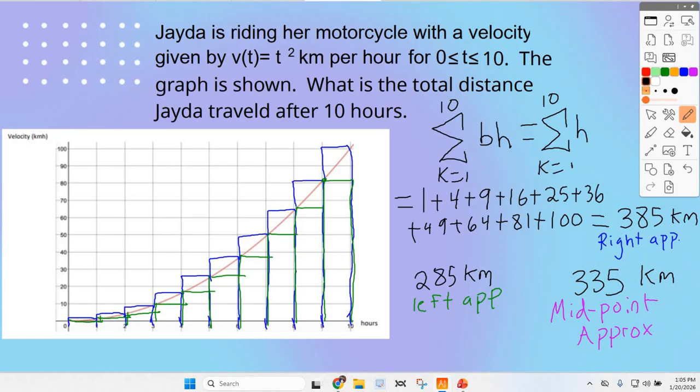Okay. So now thinking about, right, we said that 10 rectangles was more accurate than if we had done 5 rectangles. Yes? So would we agree that 25 rectangles would be more accurate? 50 would be more accurate. 100 would be more accurate. What would give us then the exact area? An infinite amount of rectangles.